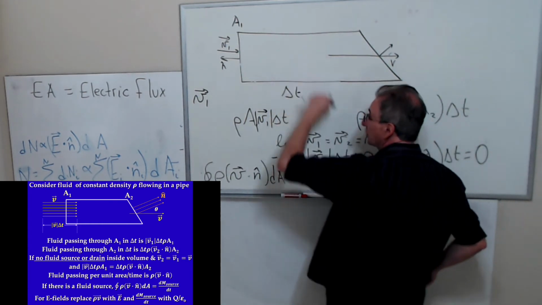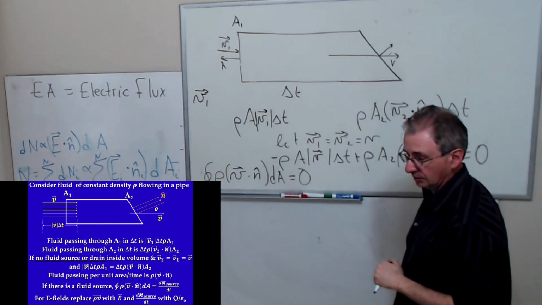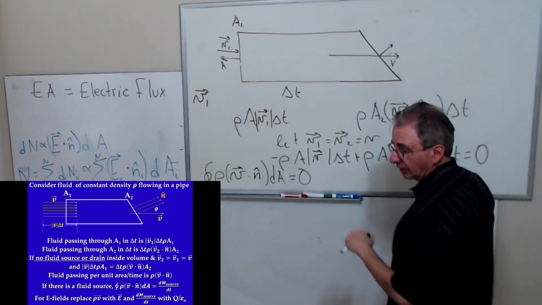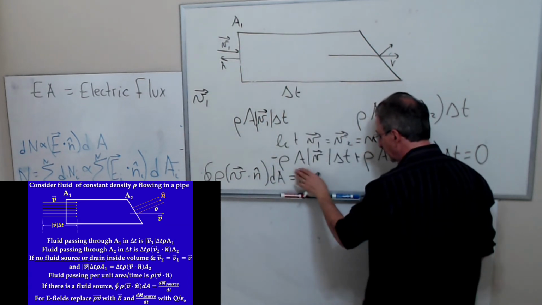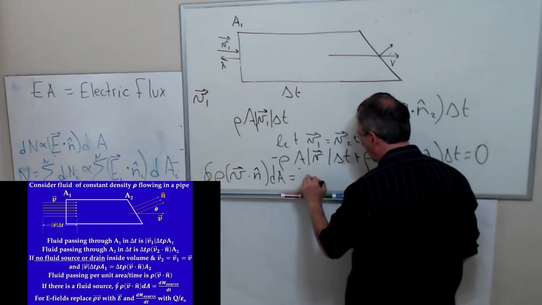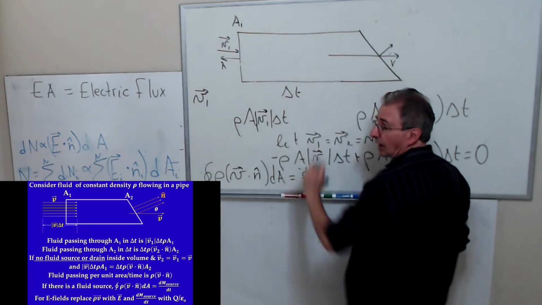If I have a source in here, okay, if I have a source in here, this is the flow over a period of time. If I have a source in here, then this is not going to be 0. It's going to depend on the amount of mass that's flowing in or out of this thing.